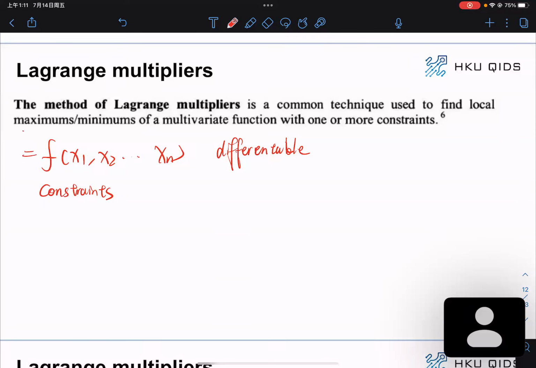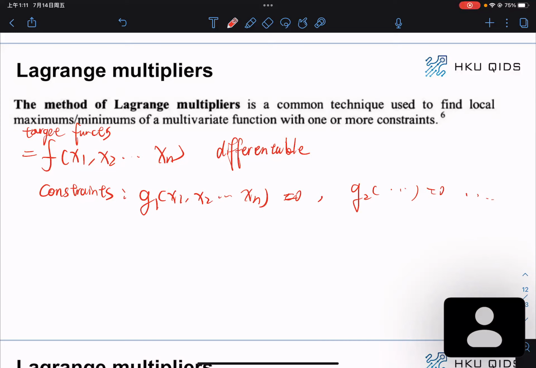So this one is the target function. Constraints we can also have, like g1(x1, x2, all the way to xn) equal to 0, and g2 the same equal to 0, and so on, right?